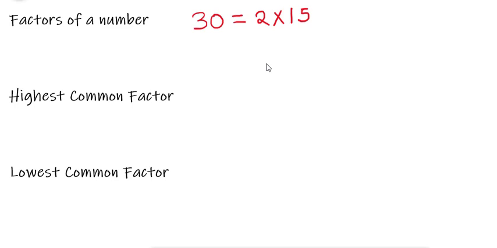Ultimately, when I multiply all these numbers, they should still give me 30. So 30 is 2 times 3 times 5. At this point, these numbers are no longer divisible by any other number. These here are prime numbers. And that's how we find factors of a number.